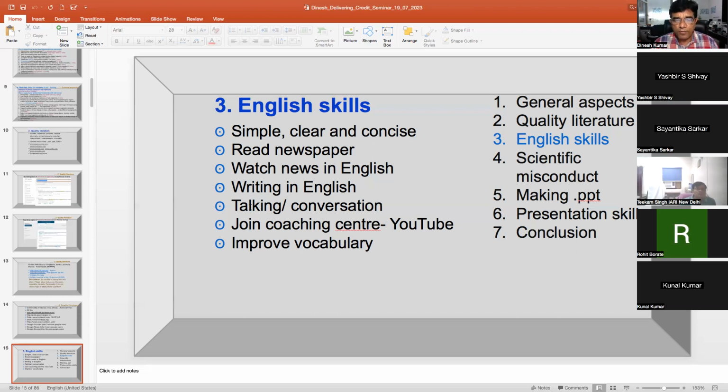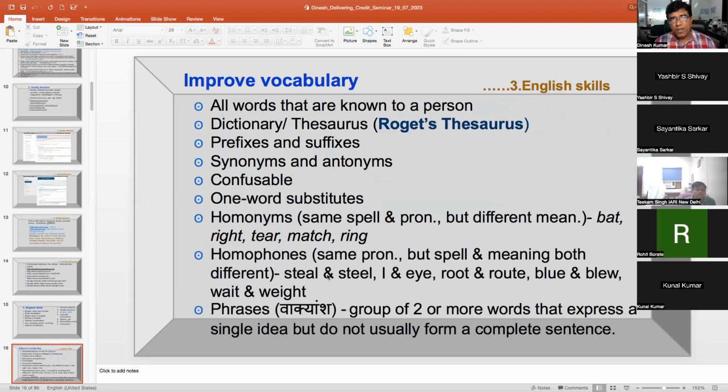Vocabulary improvement is very, very important. We must improve our word power. How can we improve it? Vocabulary means the words that are known to a person. You can use dictionaries whenever you read a newspaper; keep the dictionary beside you. And a thesaurus is very, very important, like Roget's thesaurus or Oxford thesaurus.